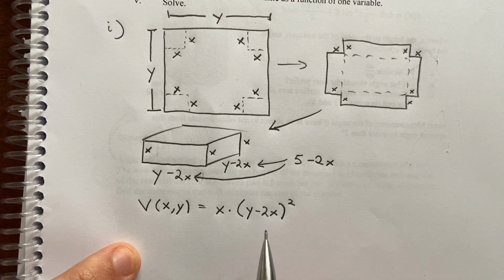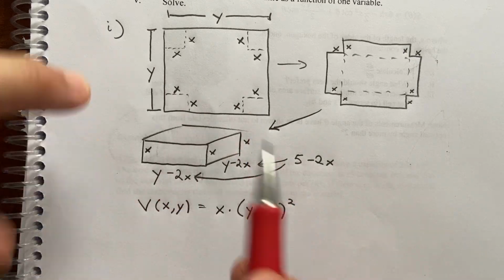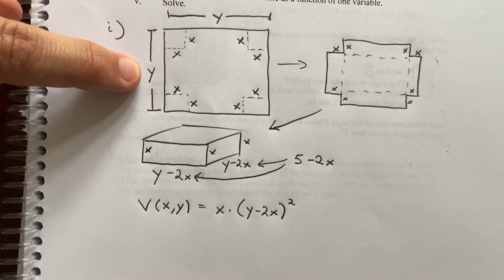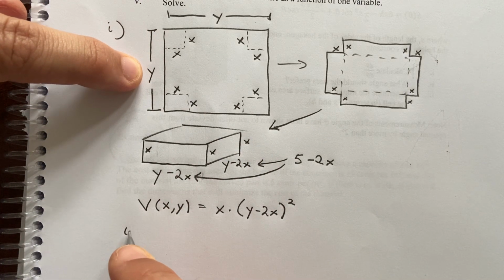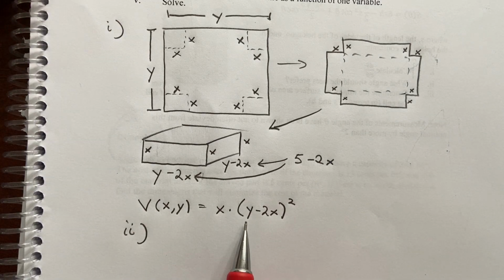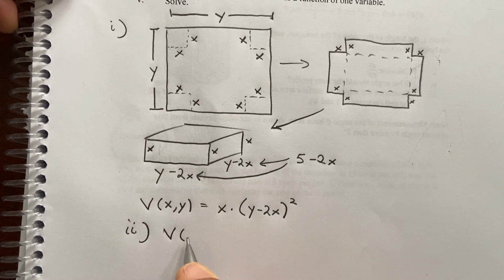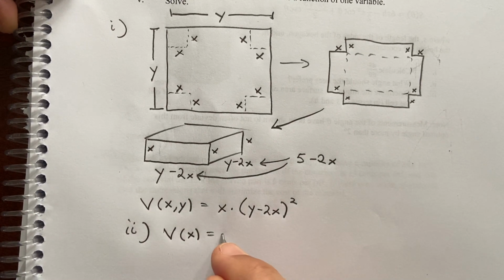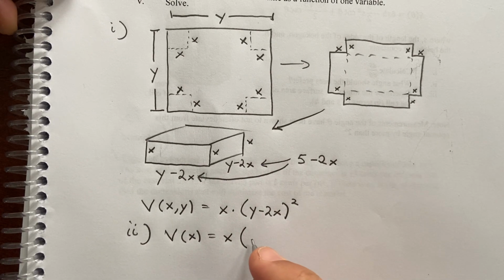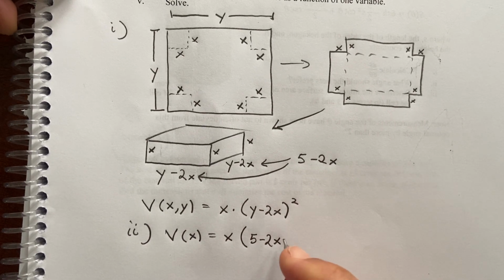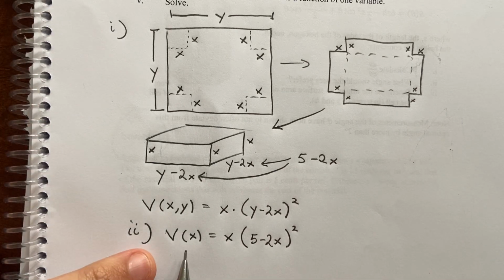And since I know that this length of the original box is actually 5, I can go ahead and eliminate one of the variables by just calling y equal to 5. So I'll have the volume just as a function of x as x times (5 minus 2x) all squared.